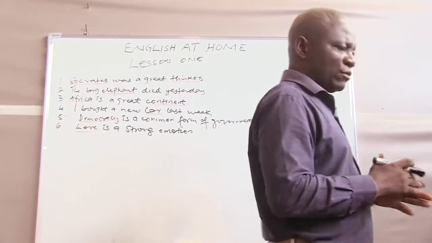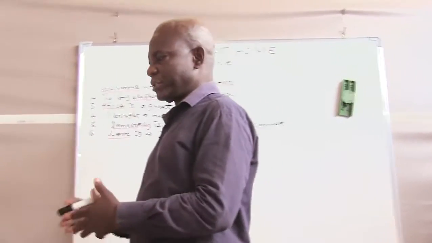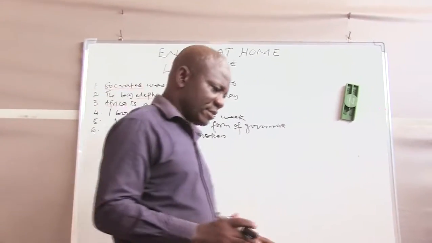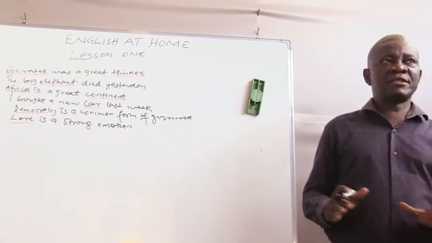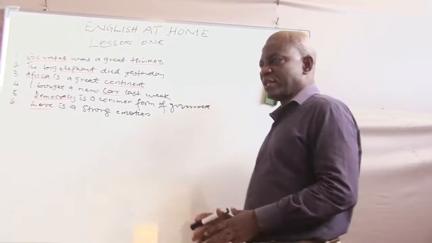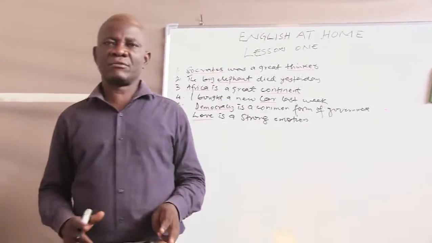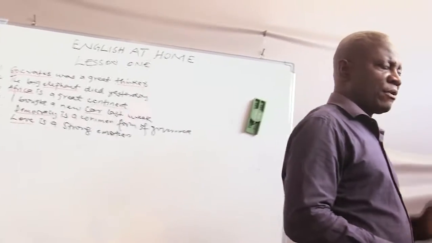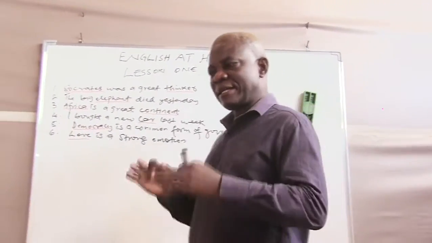And we have known today that there are 8 parts of speech in the English language. How many parts of speech do we have in English language? 8. Okay. It is expected of you after this lesson that without looking anywhere you can know that the 8 parts of speech are noun, pronoun, verb, adverb, adjective, preposition, conjunction, and interjection.